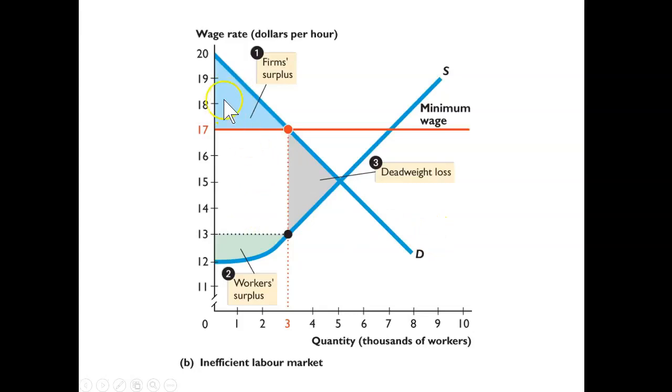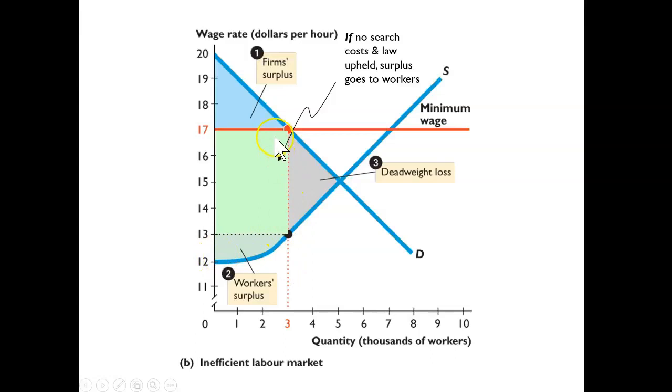then the firm's economic surplus area remains this small triangle here, and the workers' surplus will be the area under the price, which will be the enforced minimum wage, up to the quantity of workers employed, which is 3, and above the supply curve.